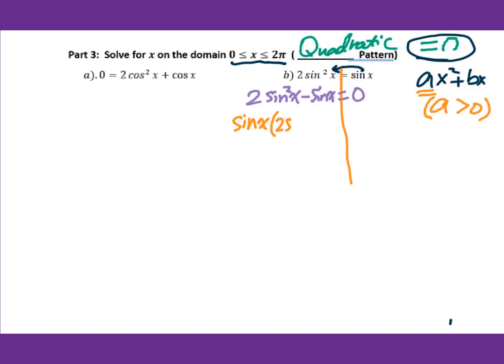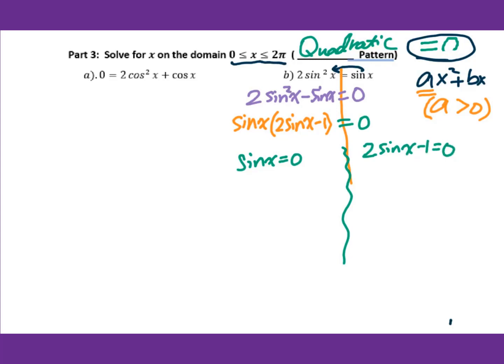We get sine x times 2 sine x minus 1 equal to 0. Set up sine x equal to 0 or 2 sine x minus 1 equal to 0. For sine x equal to 0, the reference angle is 0. Therefore, we get 0 and pi as the solutions.